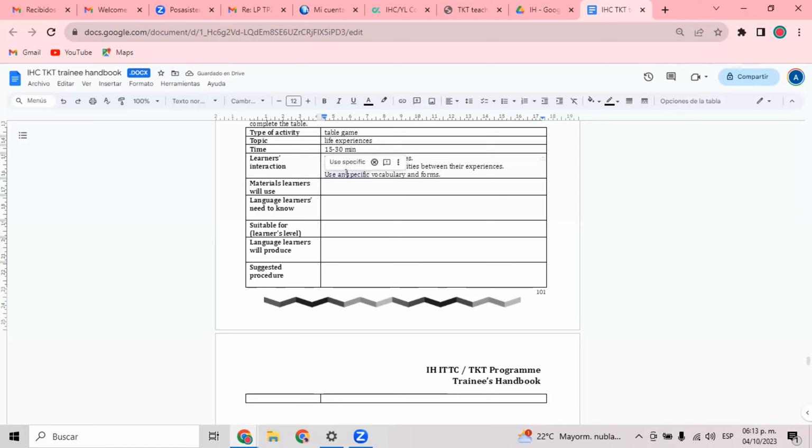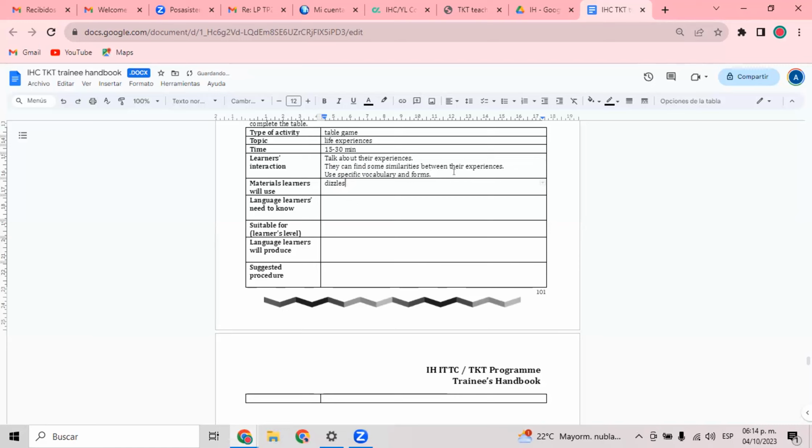Okay, dice and impression, paper impression of the activity. Materials learners will use: dice.